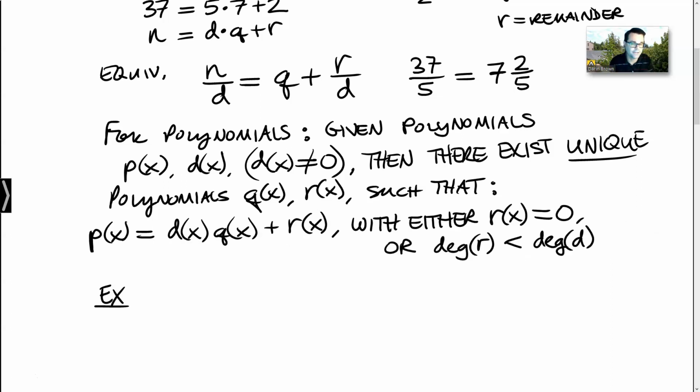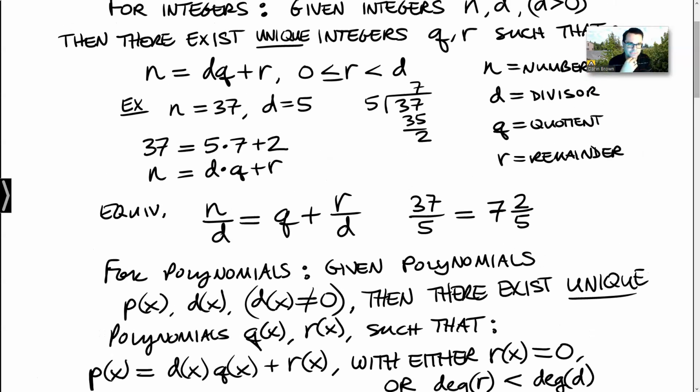Now, this still doesn't tell us how to do the division, but it's very similar to long division. So I went over dividing in grade school arithmetic. 5 goes into 37. Look at the steps that you're doing. You're trying to find a digit. So you're trying to find, okay, this goes into this 7 times. That's the most that it can go in. 35, and then you subtract, right?